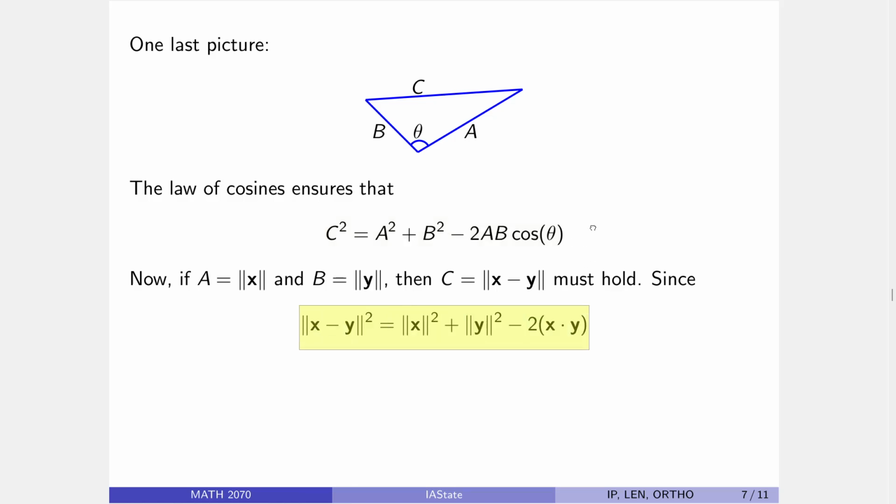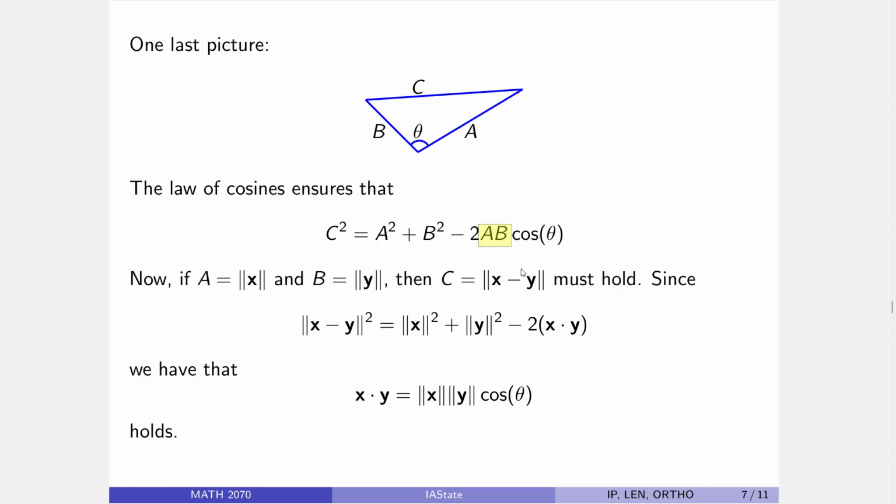So, because we know that holds, matching it with this formula from the law of cosines reveals to me that the dot product of x and y has to be the product of the lengths, that'd be the ab right here, times cosine of the angle. Simply equating these two would force this and that to coincide.